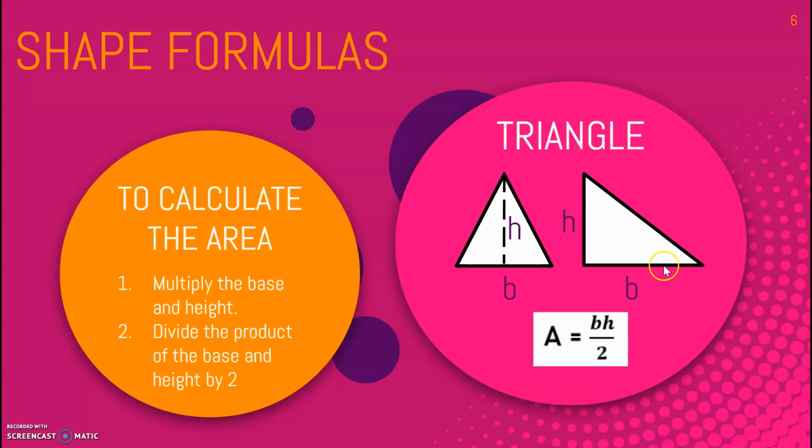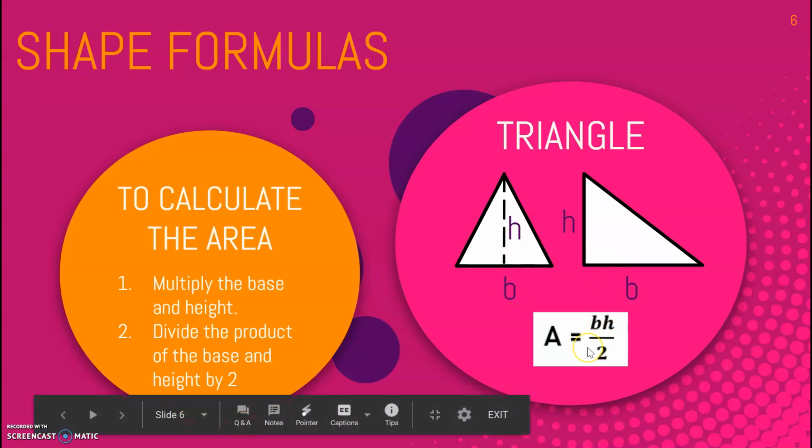And half of that square or rectangle would be the actual area of this triangle. So remember, to find the area of a triangle, we need to multiply the base and the height, and then divide that by 2.